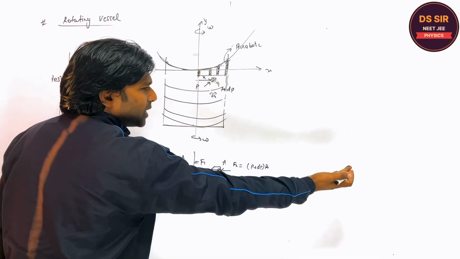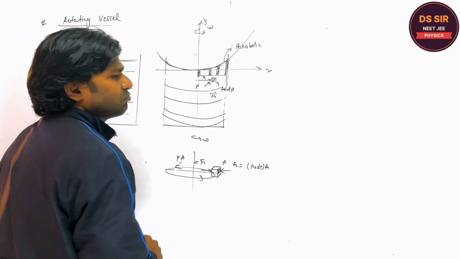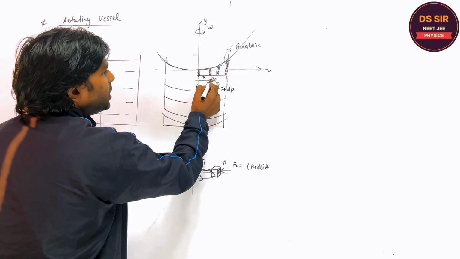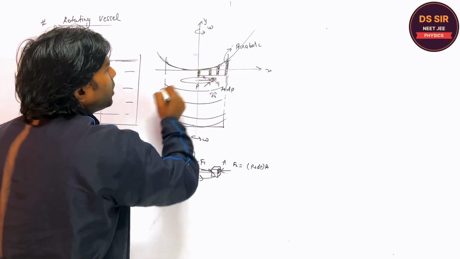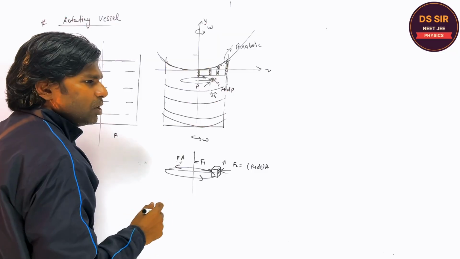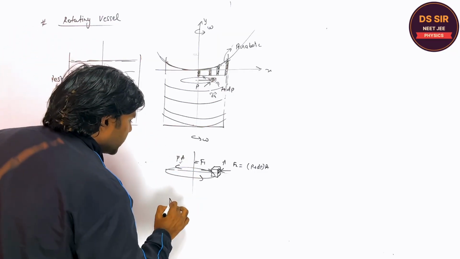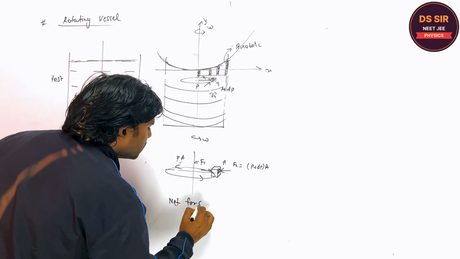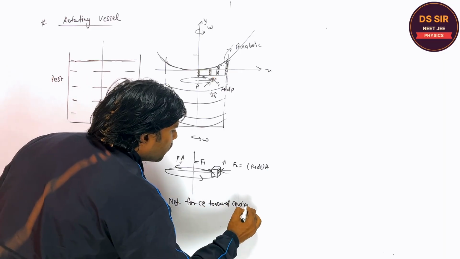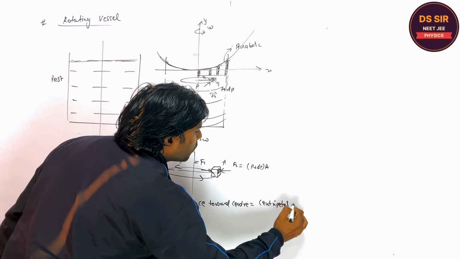Because the pressure on this side is greater, the force is greater, and this portion is rotating about this axis. So if this small element is rotating in a circular path with angular velocity omega, the net force toward the center will provide the required centripetal force.